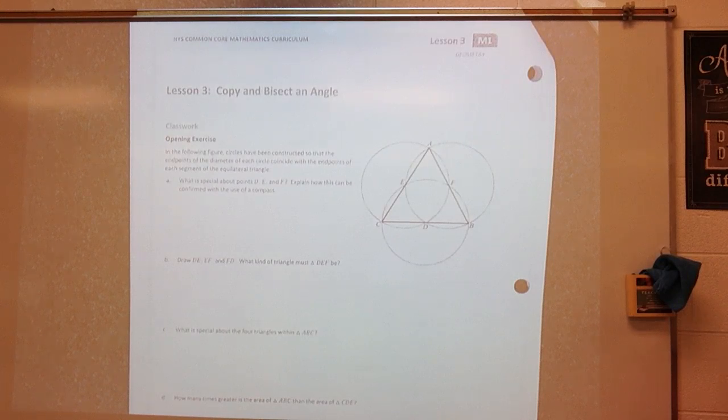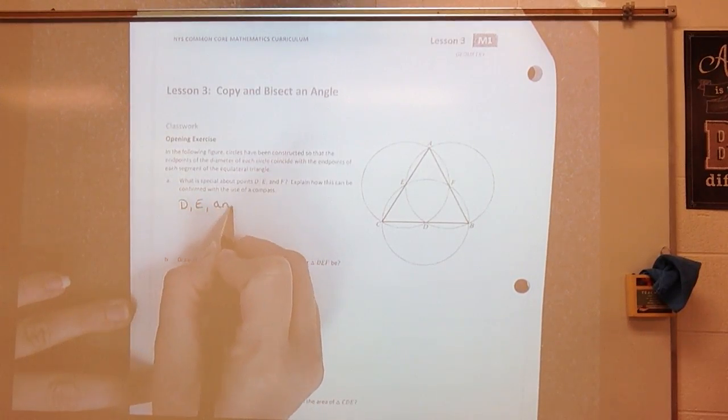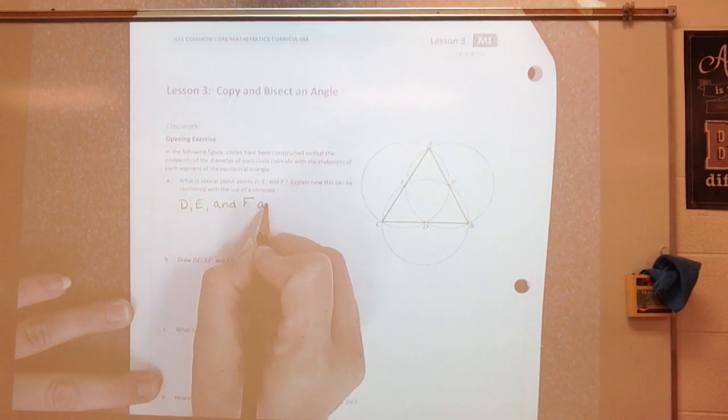Go back and dig deep into your vocabulary and see if you can remember what it means to be in the middle of something. That means it is the midpoint. So points D, E, and F are midpoints.